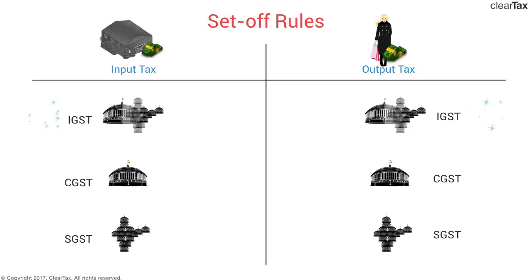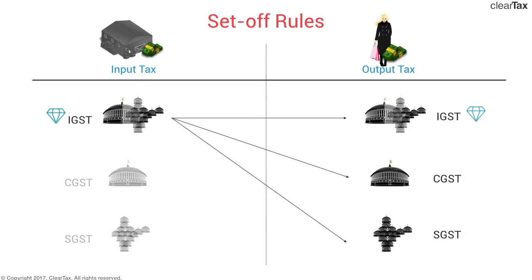A basic point to remember here is that you can treat IGST as a jewel in your hands. It's something that will help you set off anything. How? Let's take a look. If you have paid input tax of IGST and you have output tax liability of IGST, CGST and SGST, you can actually knock off all 3 with IGST.